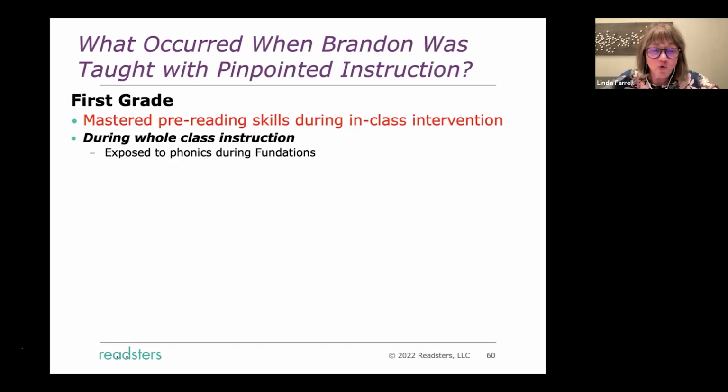This was a Title I school, but they didn't serve first grade students. They only served second and higher. He was exposed during whole class instruction to Foundations while he was shoring up his pre-reading skills.